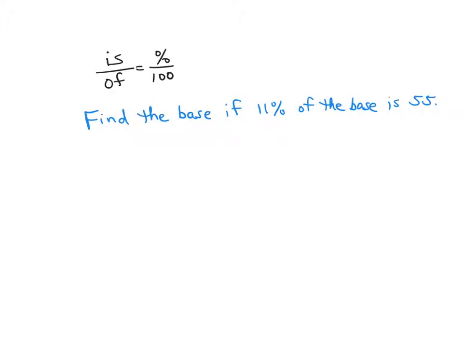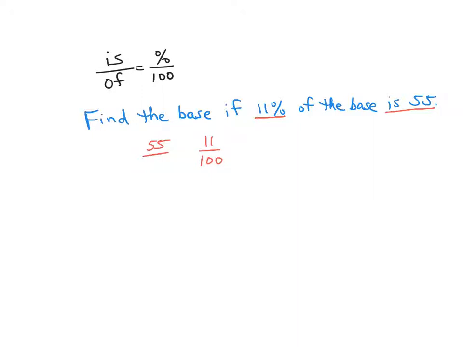Here's one more example, and once again the wording is a little bit different. Find the base if 11% of the base is 55. Well, I do know what my 11% is. I know that that is the 11 over 100 on that right-hand side. I also know is 55, so I have a 55 on the top.